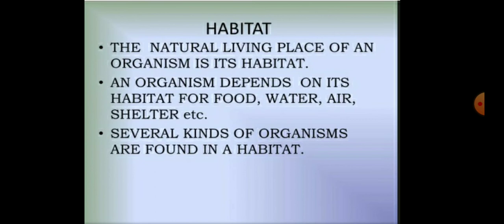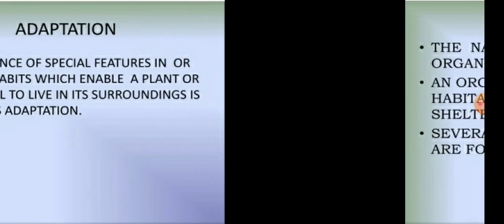So, children, the natural living place of an organism is its habitat. An organism depends on its habitat for food, water, air, shelter, etc. And several kinds of organisms are found in a habitat.